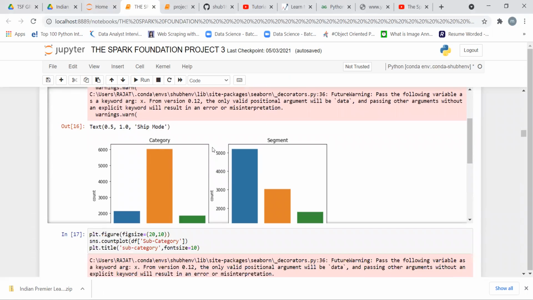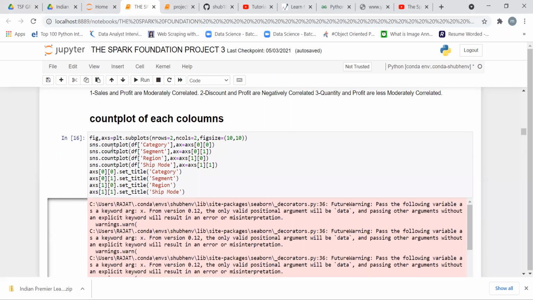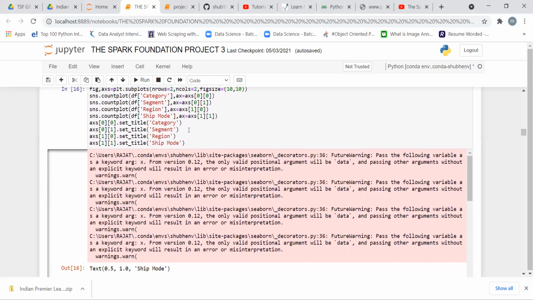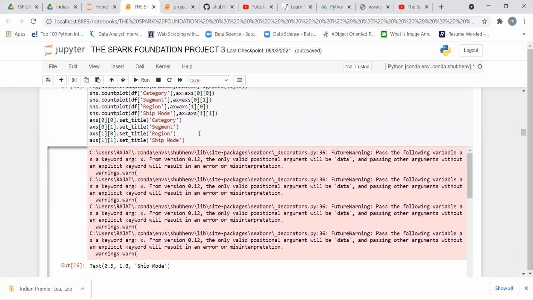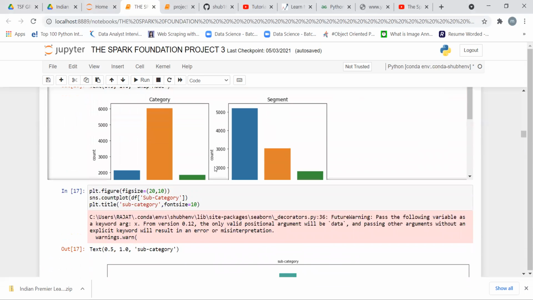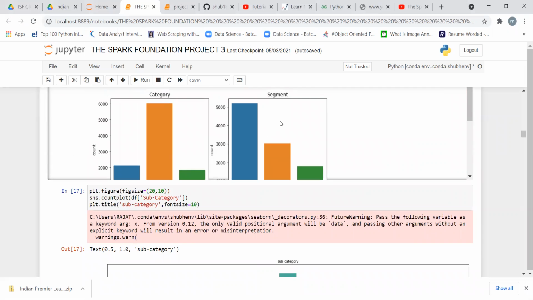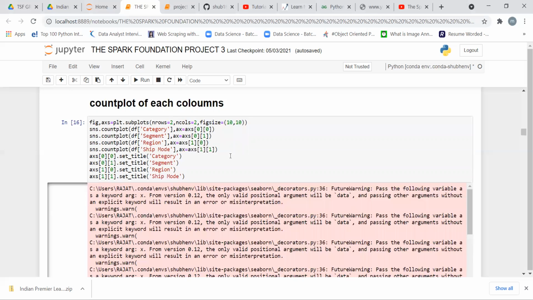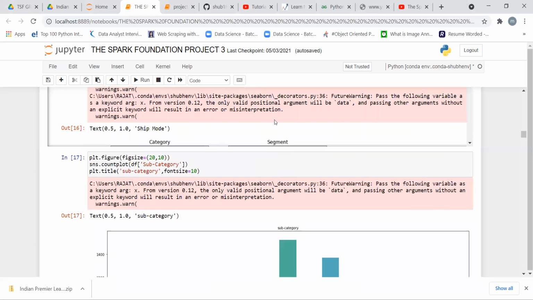Here we have a graph representation with 2 rows and 2 columns, and figure size is 10 by 10. Using seaborn countplot on df, we define category, segmentation, region, and shipping mode, and then set the title of the graph.